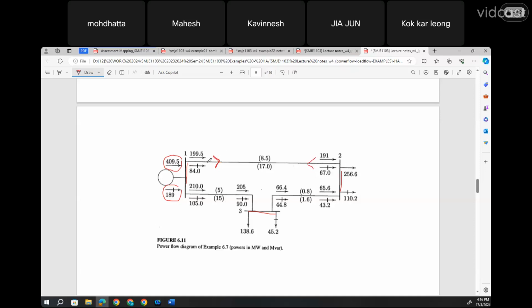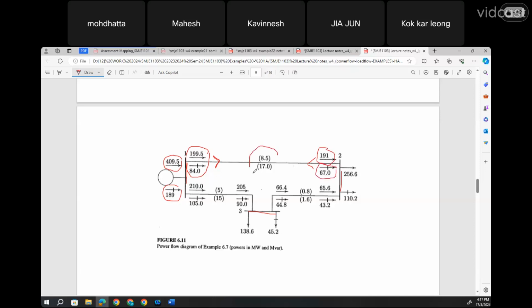Once you get the current, you can straight away calculate the power information for that particular connection. Let's say for the one that I circled over here, from 1 to 2 is 199.5, and reactive power is 84 vars. And from 2 to 1, we have 191, and reactive power of 67.